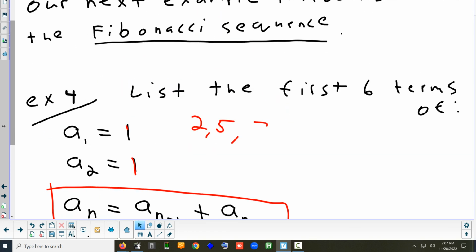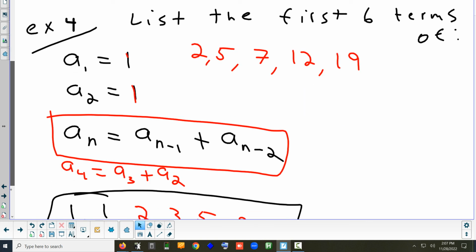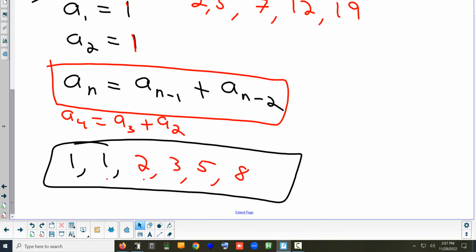So the next number would be 7, and then you could do 12, 19. Just adding the two numbers that came before it to get the next one. Any question on what the Fibonacci sequence is? And it goes forever. This is an example. It doesn't stop. It just goes higher than you want.